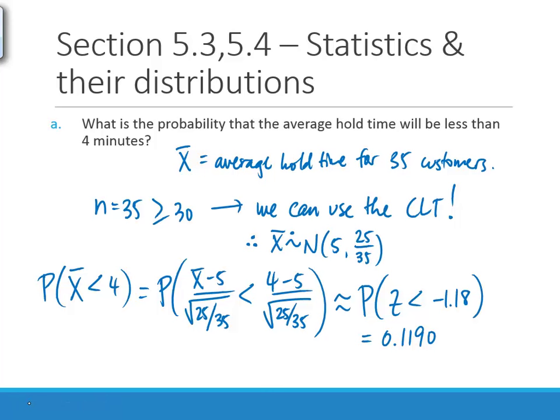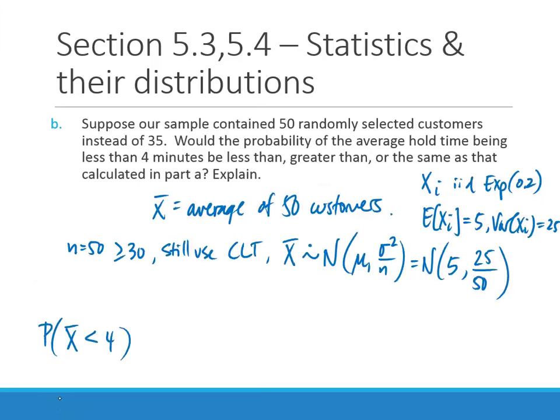On the previous slide we had a variance of 25 over 35. So the variance is now what? Bigger or smaller? It was 25 over 35, now it's 25 over 50. Now the variance is smaller, exactly right.